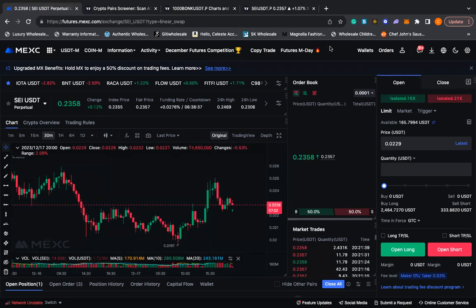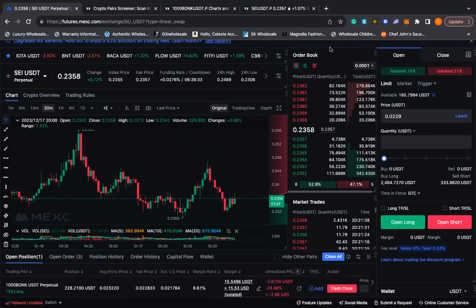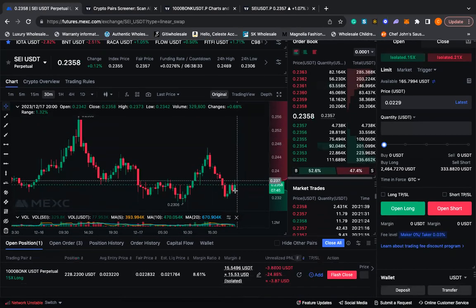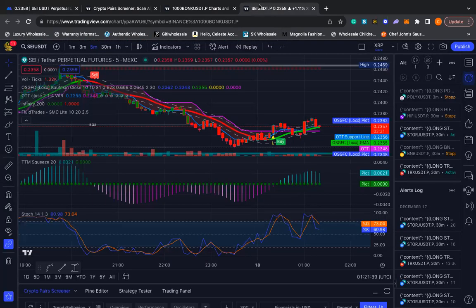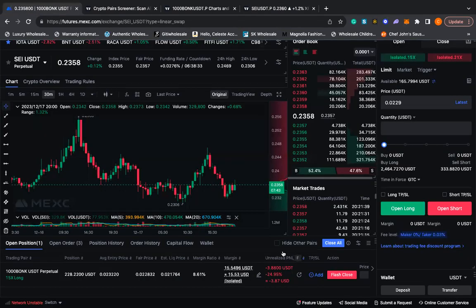Mexi does a very good job with their indicator to show you exactly where the market is going up or going down. This green candle right here is showing me exactly what I've seen here, and I'm going to show you why. This is the green candle that's forming right here, and this is showing the uptrend in the market, even though the market is going down, right? But it's also showing what your stochastic is doing right now, which is bouncing up and down on this wick right here.